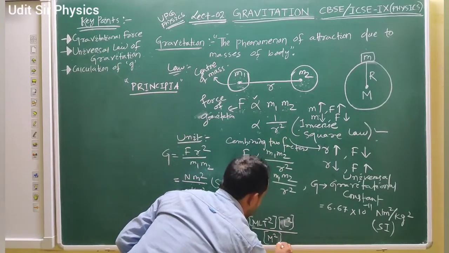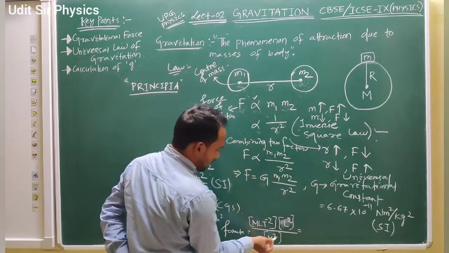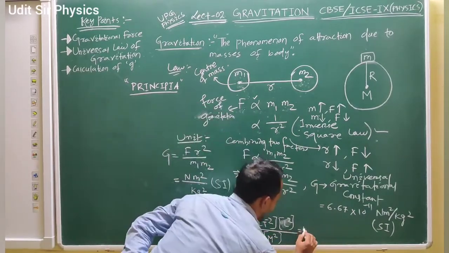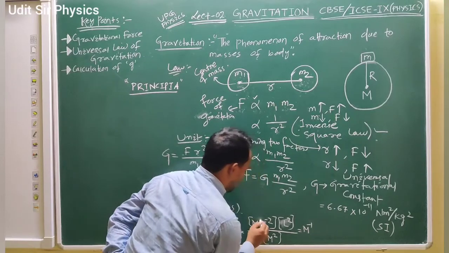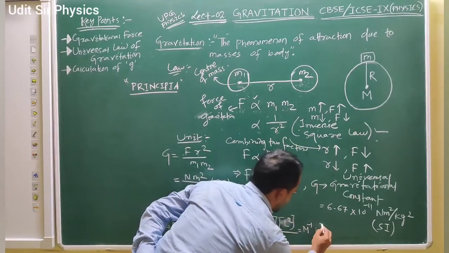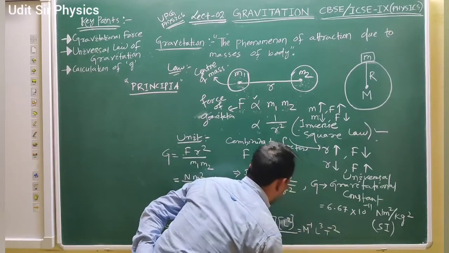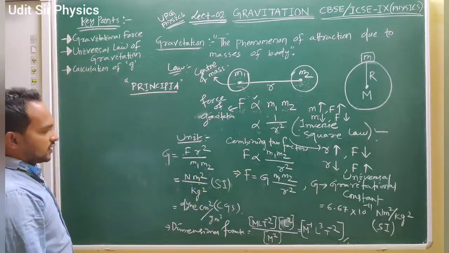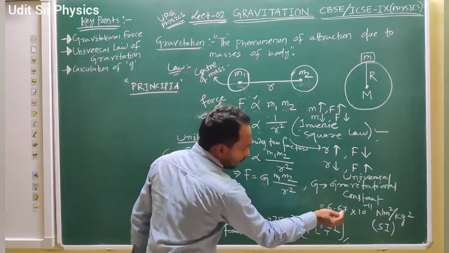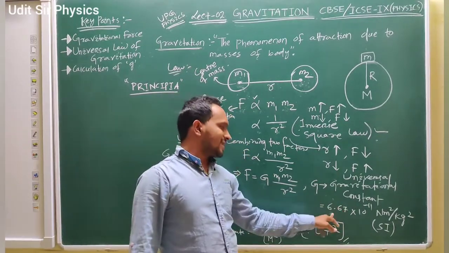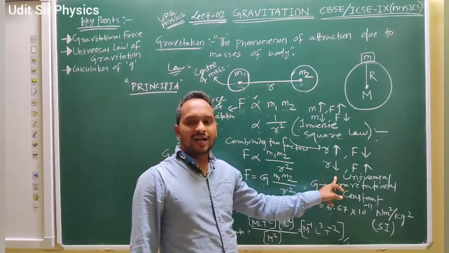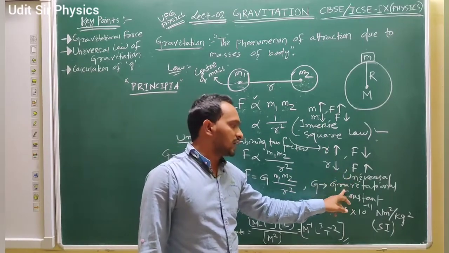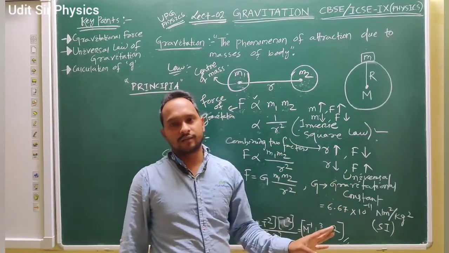Here M square goes up, so we get M minus 1 L to the power 1 plus 2, that is 3, T minus 2. That is the dimensional formula of the universal gravitational constant. Its value is always fixed, always constant in our universe. That's why it is also called the universal gravitational constant.